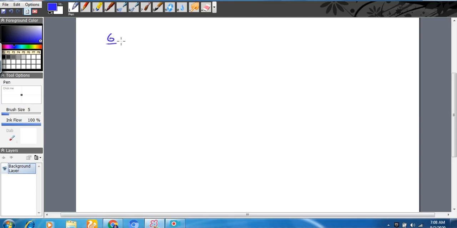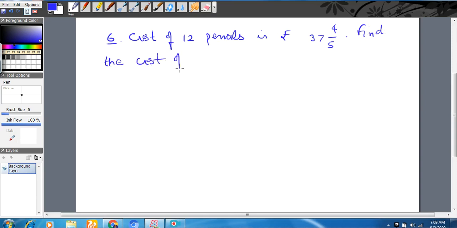Okay, sixth question: cost of 12 pencils is rupees 37 and 4 upon 5. Find the cost of one pencil.